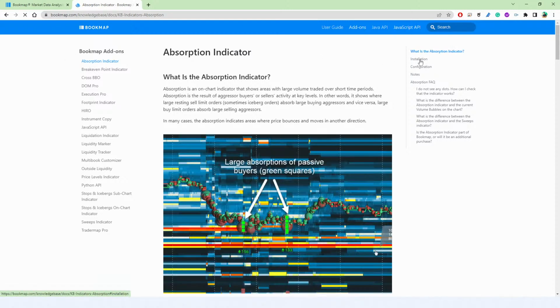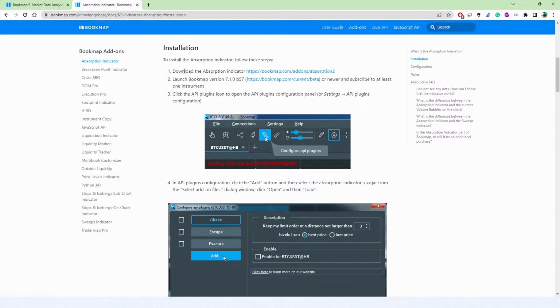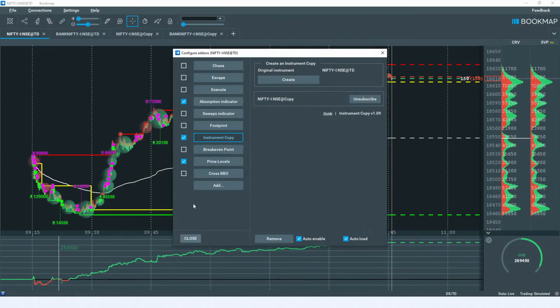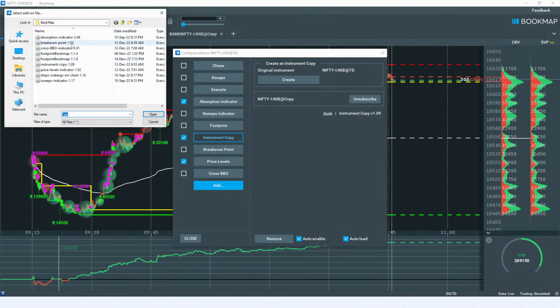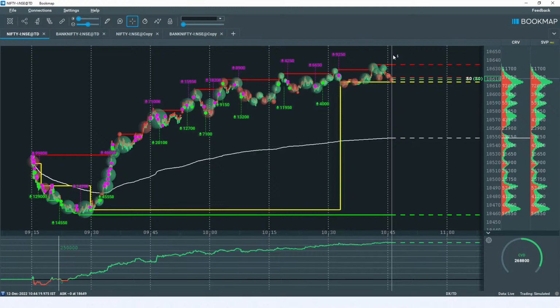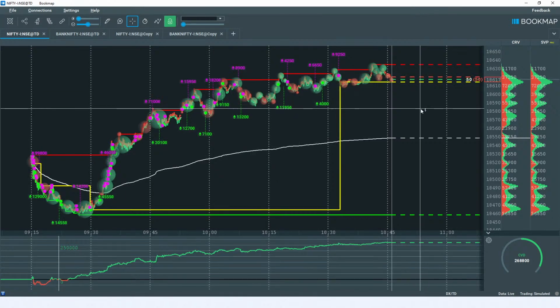If you go to the installation, you will get a link to download it. After the download, you need to import it. Go to configure add-ons and click on add, then click on the indicator that you have downloaded and import it to the add-on list. So that's how you do it. All right, I hope that is clear.